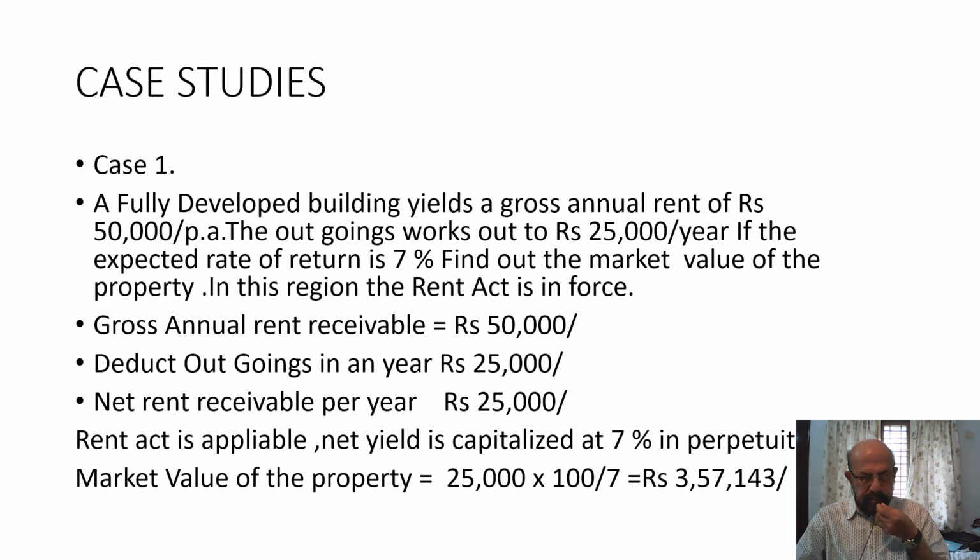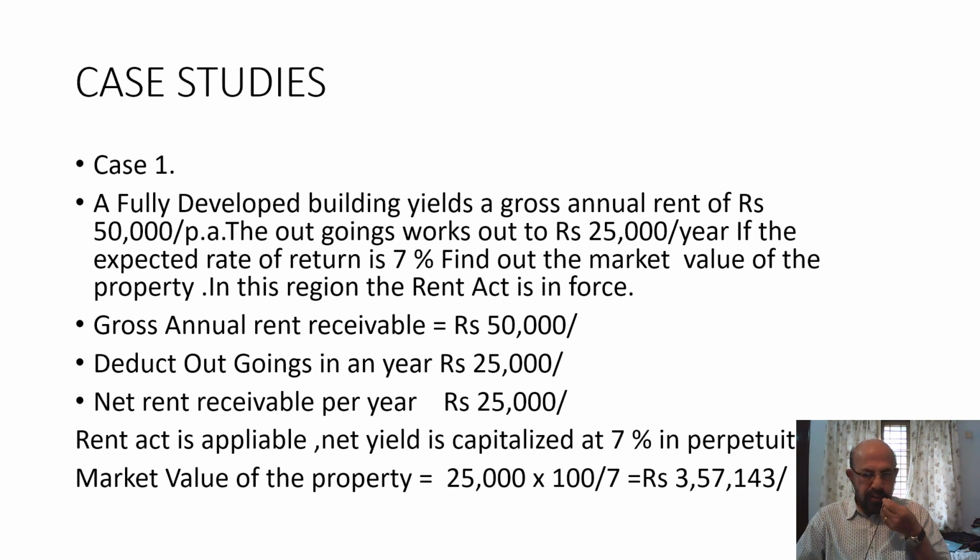The theory is, the rent received is at the rate of 7% in perpetuity. So the net rent is 25,000. So 25,000 is the 7% of the total. Hence, what is the total? What is the 100%?